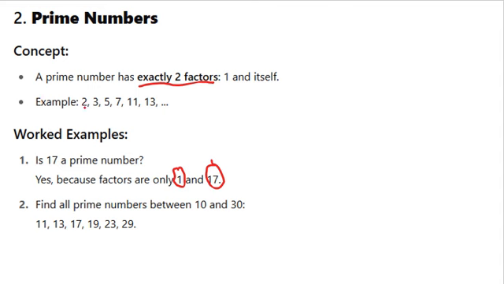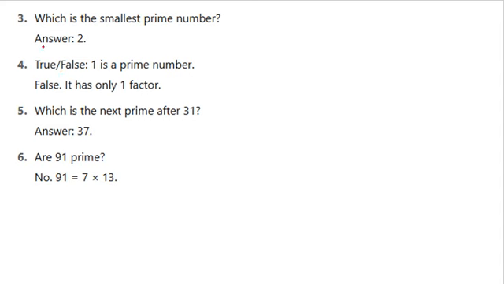I started with 2, 3, 5, 7, 11, 13, all of that going forward. These are the prime numbers. 1 cannot be a prime number, because 1 has only one factor, which is 1. So the smallest prime number is 2. I hope this is understood.